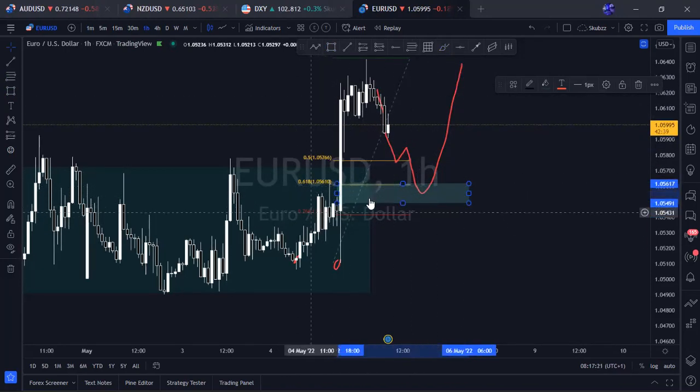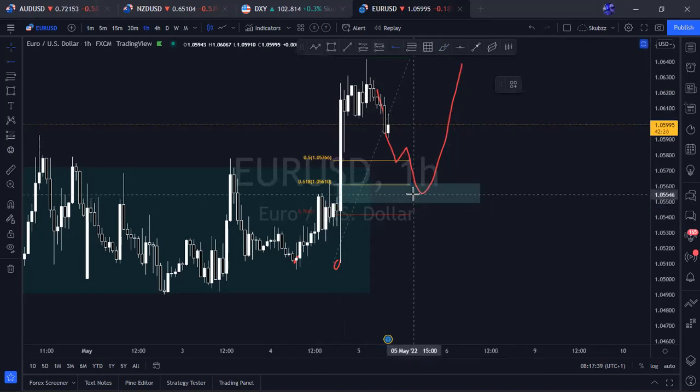This is where I'll be looking to take those buys, around 1.0567. And yeah, the psychological level is still around that point, 0.6500 is around that point. So it's still nice.